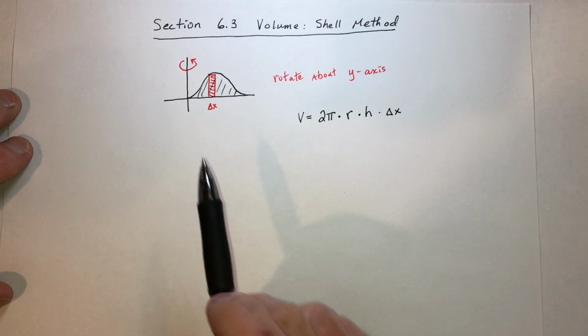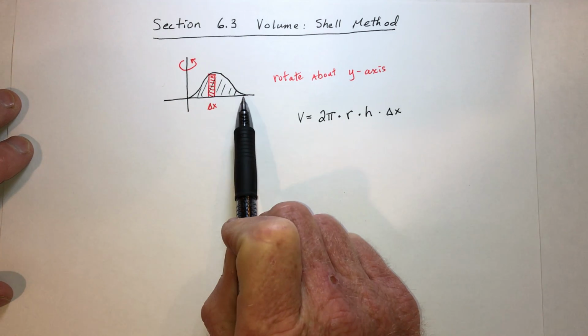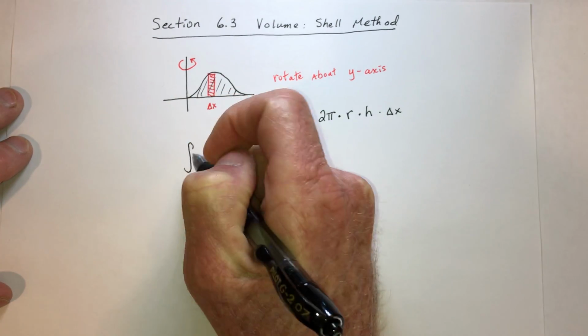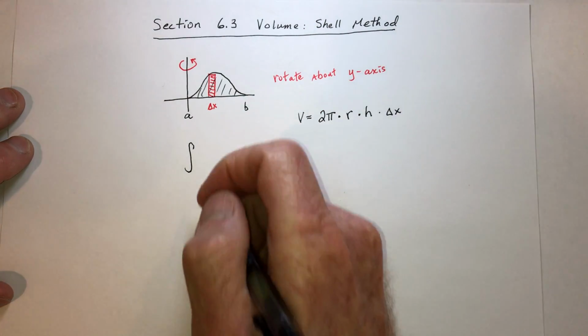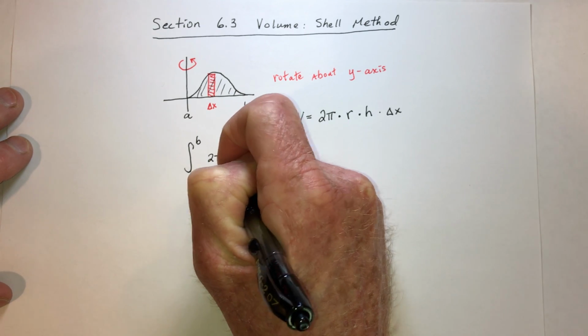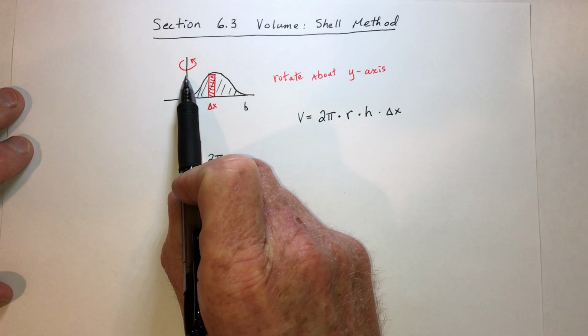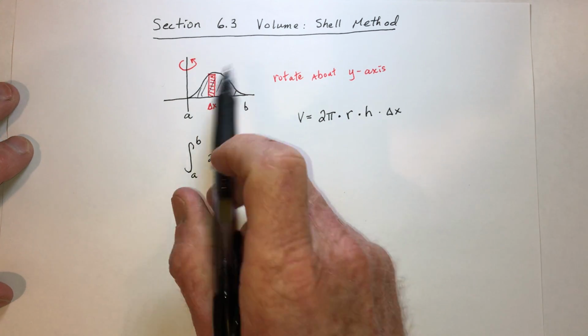Okay, now that would just be that one shell. Then you need to integrate from the beginning to the end. So in general, it's going to be integrate, and let's say this is from a to b to just make up general numbers. And then it would be 2 pi times the radius. So the radius is measured from the middle out to the middle of this rectangle.